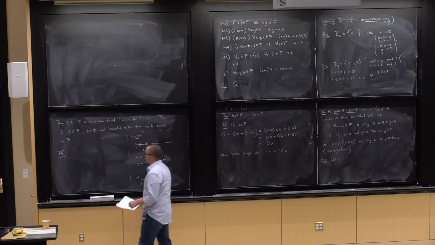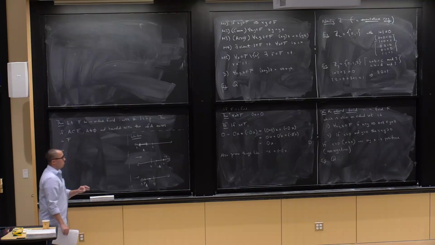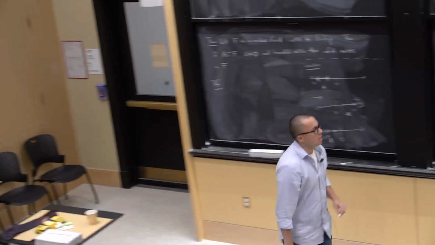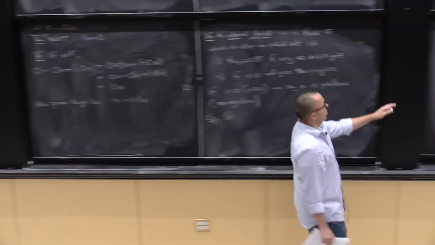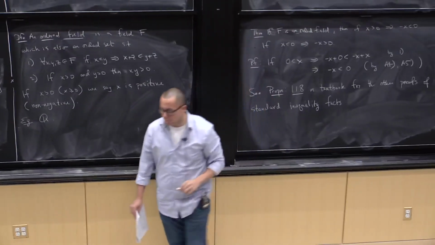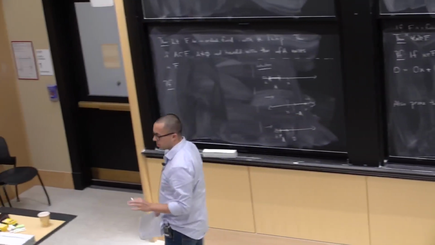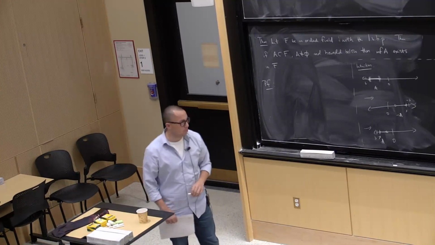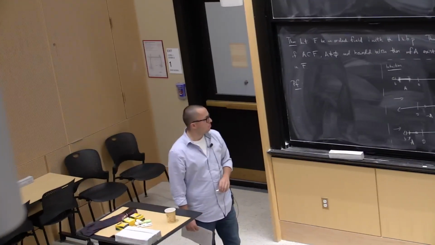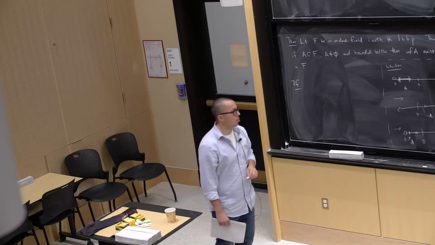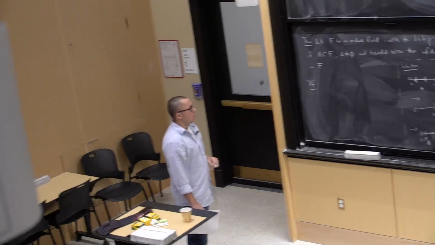But again, these are short, unless I'm telling you to prove a certain inequality statement of this type, just freely use the inequality facts that you remember from high school. And just know that these persist for ordered fields in general. Okay.